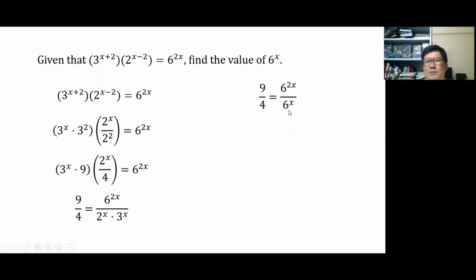Wonderful, right? Because this 6 to the power of 2x divided by 6 to the power of x, you get 6 to the power of 2x minus x. And that's exactly what you want, the value of 6 to the power of x. It's beautiful. So what's the answer? What's the value of 6 to the power of x? The answer is 9 over 4.